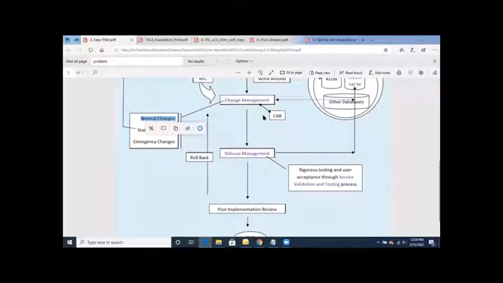But if there is a virus attack, and you have to change many things in the organization, some configuration has to be changed, you don't have time for a CAB meeting, so you will call an emergency meeting of a few CAB members who are affected and who have a say in the change, and then you will implement the emergency change. A normal change is documented first and then executed.